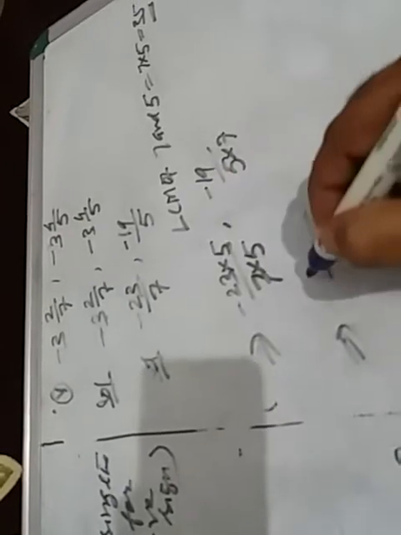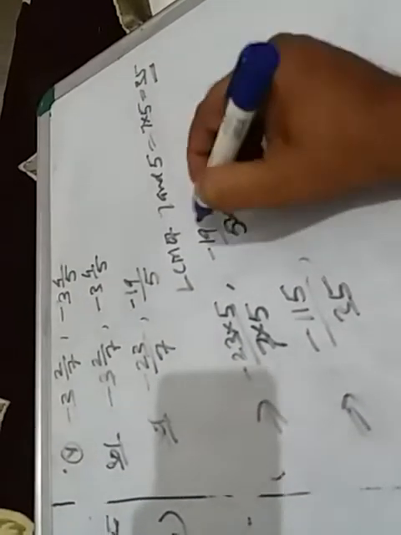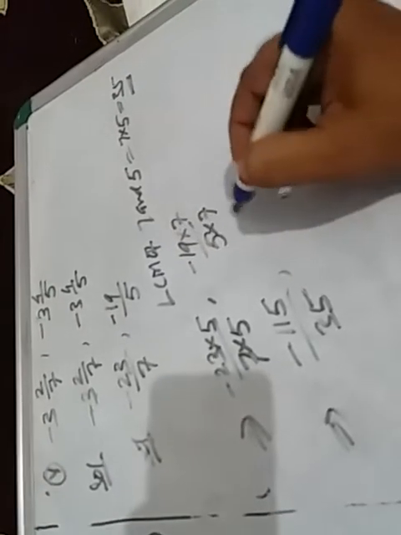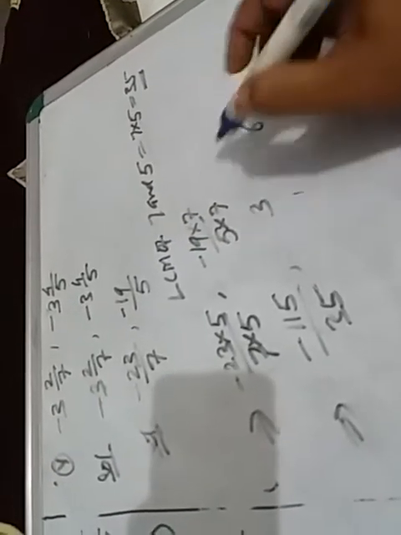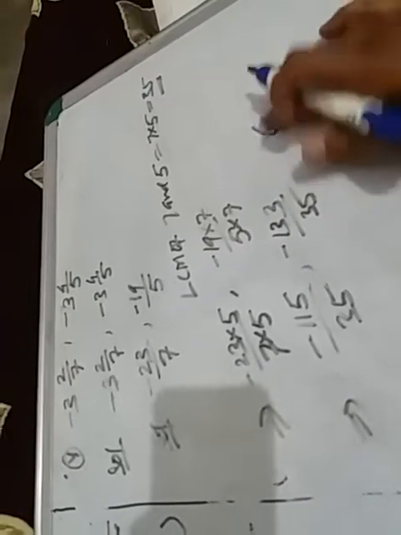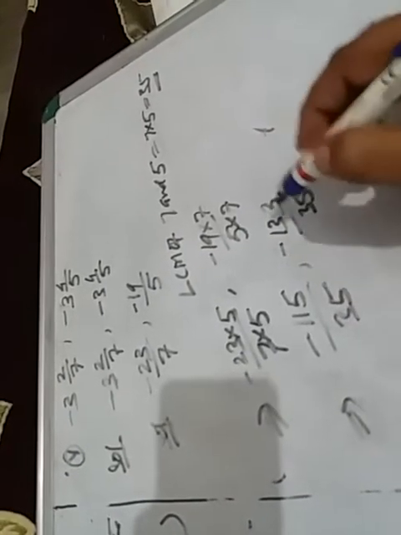Minus 23 times 5 is 115, and 19 times 7 is 133. So this is minus 115 upon 35 and minus 133 upon 35.